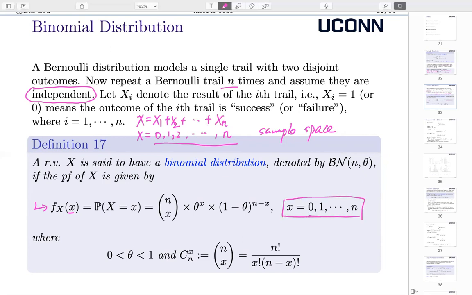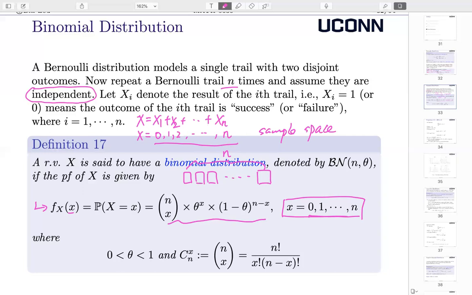Now we are discussing why this is the probability function. The way I interpret it is I draw different boxes. I have n trials, so I'm going to have n boxes. In each box I need to fill in the result, which is either a success or a failure.